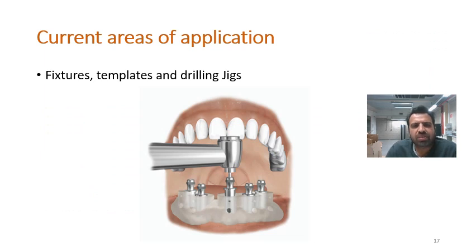Fabrication of fixtures, templates, and drilling jigs for customized applications is another interesting area of application for additive manufacturing technologies. Let's take the example of surgical guides used during dental implant surgery. These guides are designed based on the data coming from the patient's mouth from a cone beam X-ray CT scan.